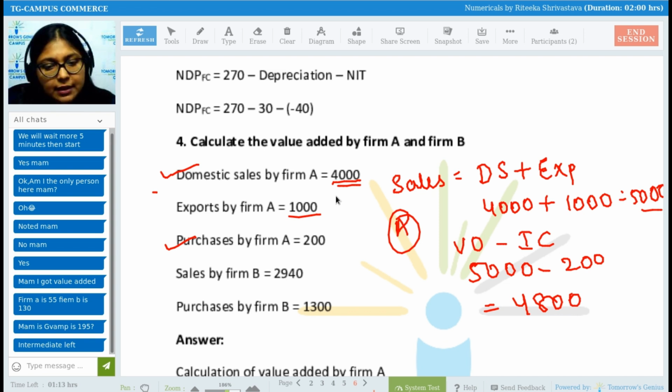Here there are no domestic sales, so we don't have to add exports. Sales is given, and purchase, that is intermediate consumption, is given. That's all.